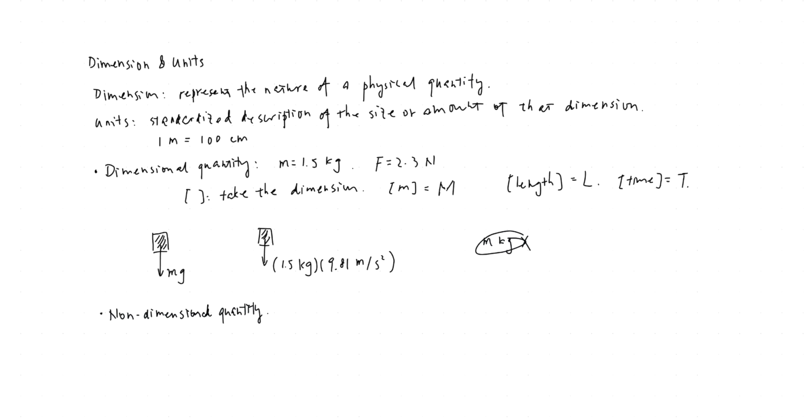For example, if you count the number of apples on the table, you are saying, okay, there are 5 apples, then n equals 5. 5 is just a number, a number of items. Then you don't need any units or dimension after it.